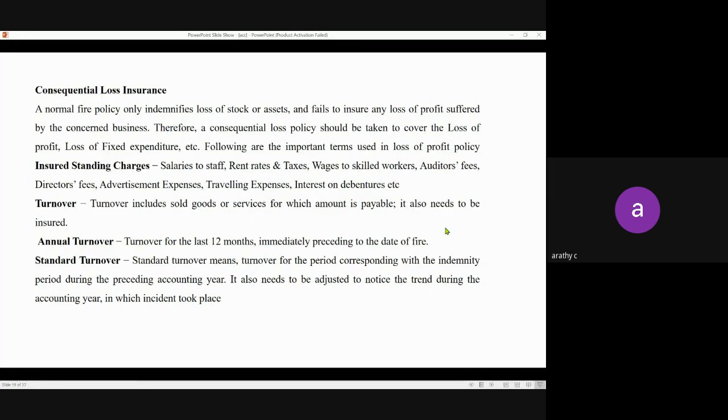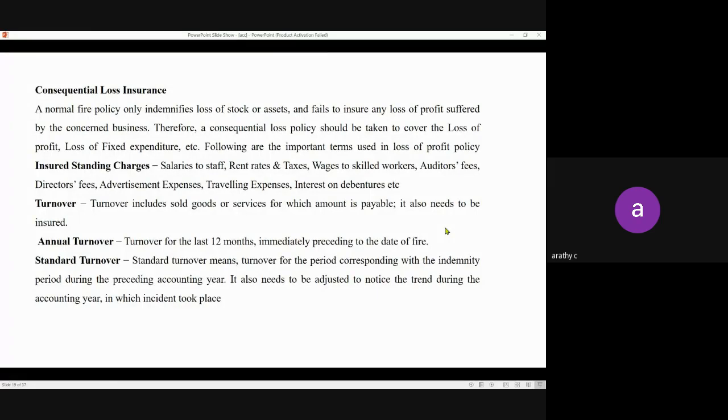Next is standard turnover. It means the turnover for the period corresponding with the indemnity period during the preceding accounting year. That means the period immediately preceding the date of fire, which corresponds to the indemnity period.